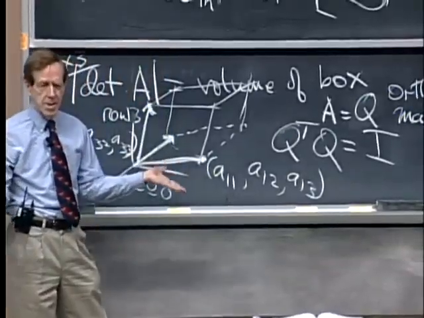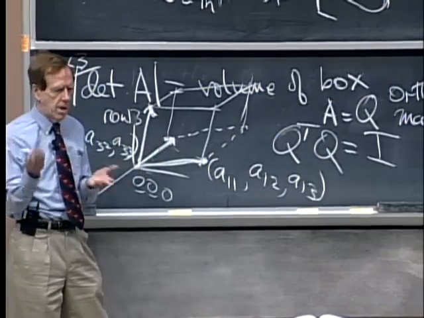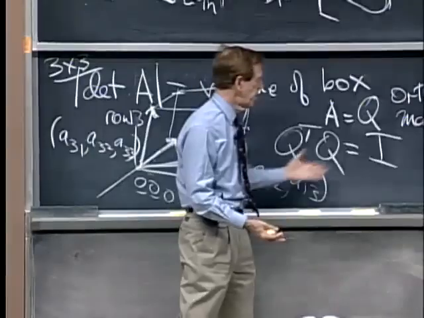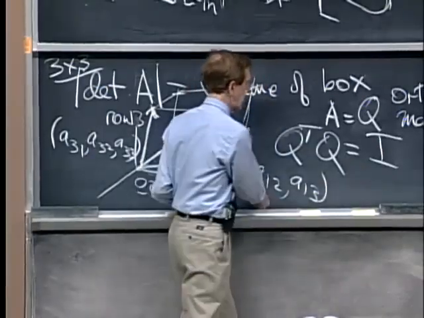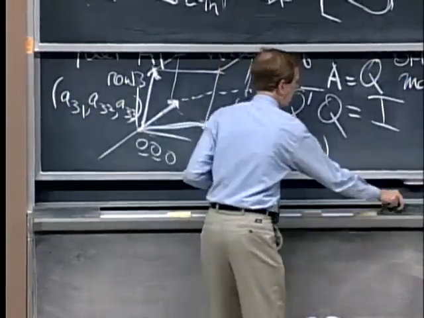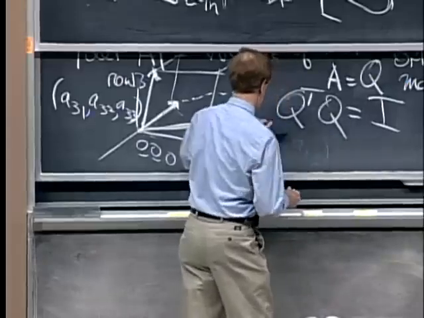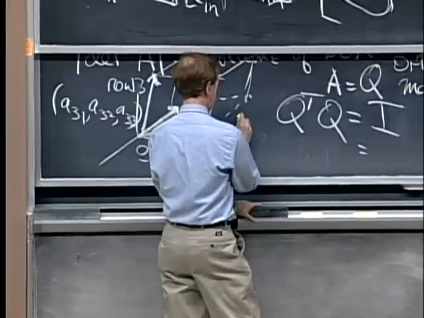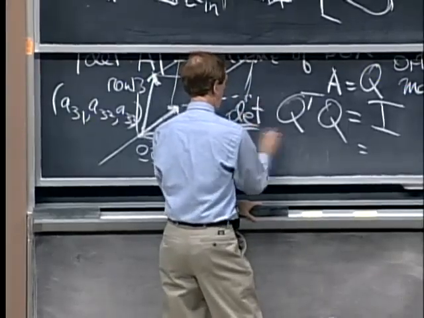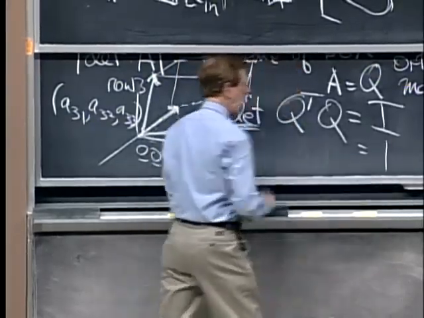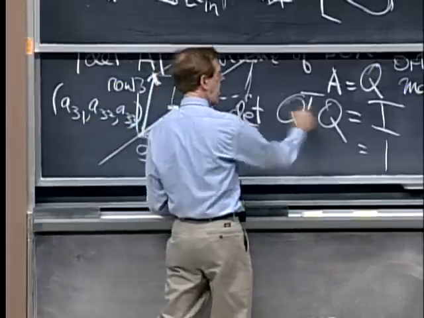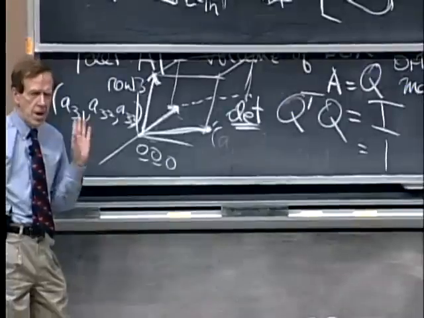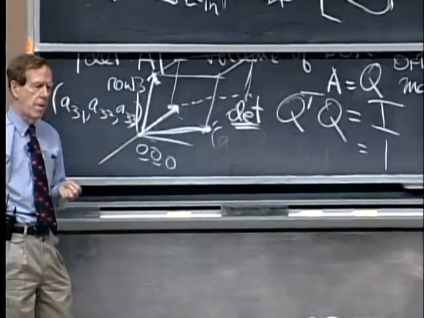I take determinants of both sides. Everybody says so, so I won't. I take determinants of both sides. The determinant of the identity is 1. What's the determinant of that product? Rule 9 is paying off now.